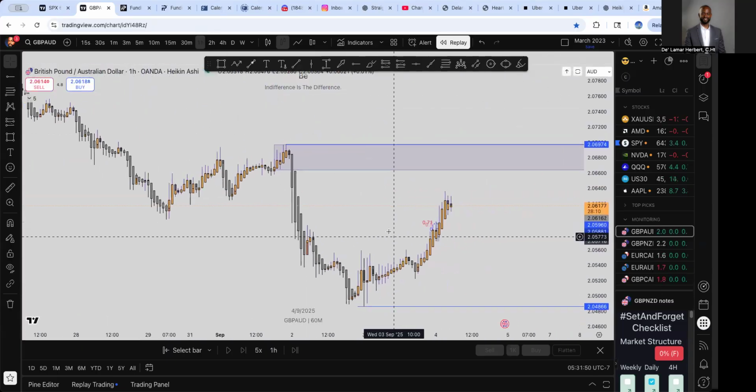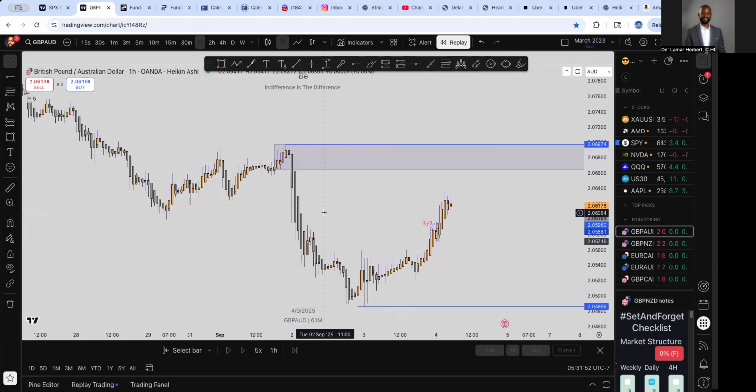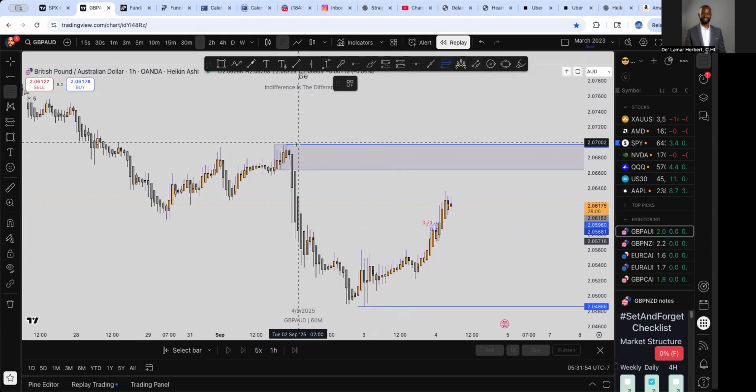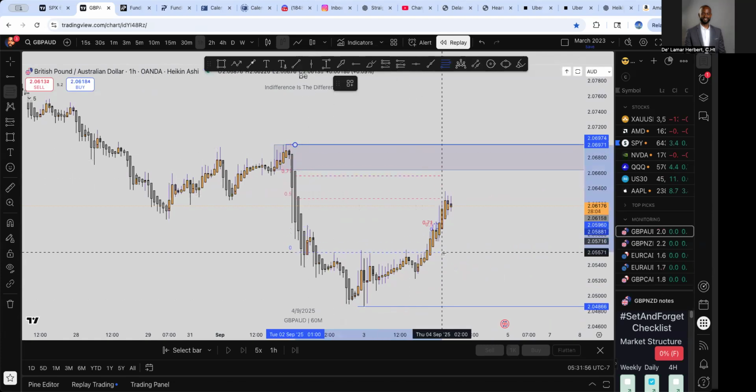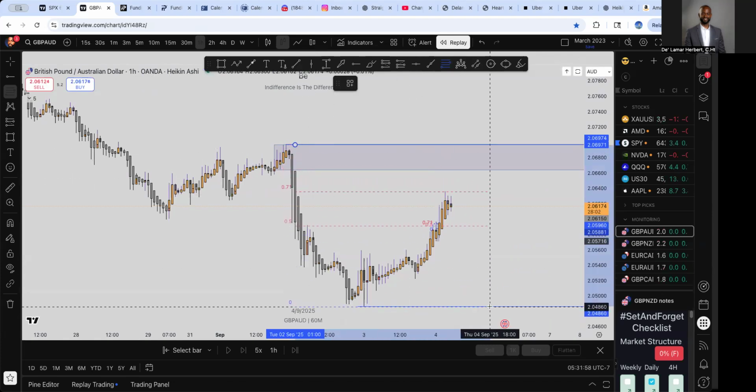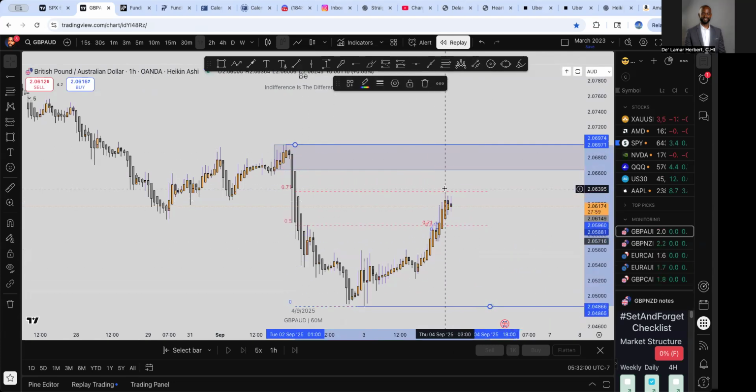But just remember, another lesson is, even though I have this 50% zone here in this 4 hour trend, we do have a lot of imbalance up here. We have a lot of imbalance here, here, and here that needs to be filled.